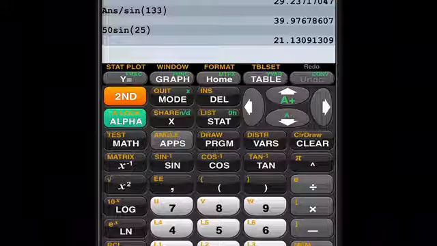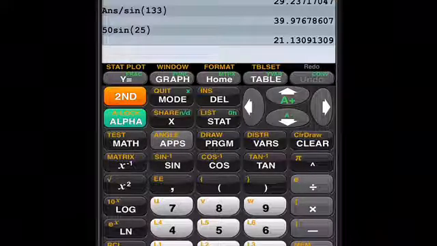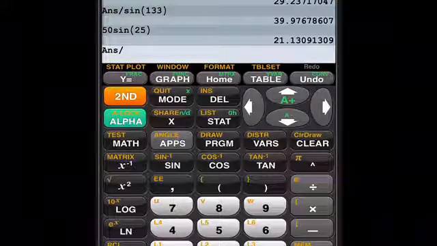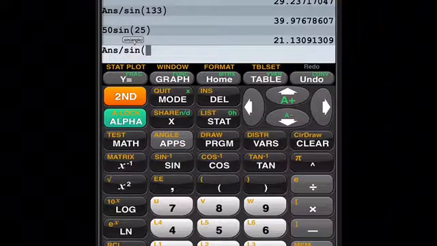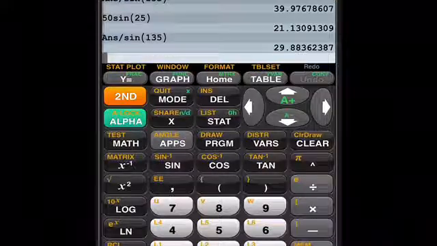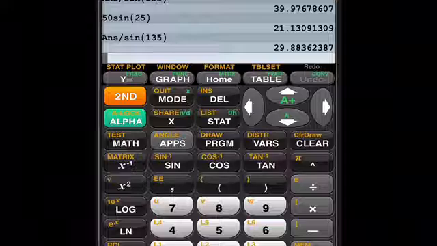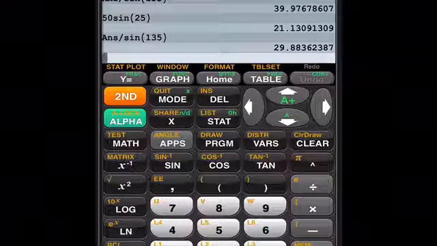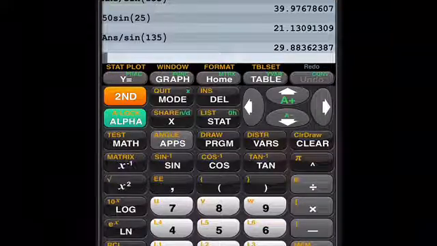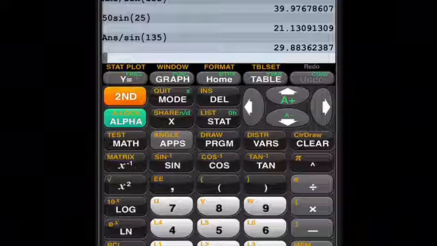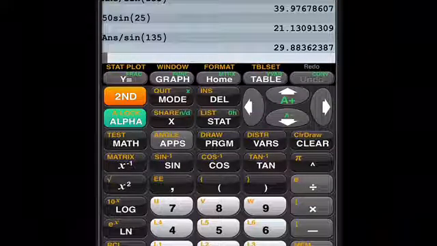So all I'm going to do is 50 sine of 25. It gives me this number here. I'll hit the division symbol, which will take the answer from the previous calculation, and then I can divide that by sine of 135. Hit enter. Now, all of your answers for law of sines and law of cosines will just be whole numbers for now. We will eventually get into where it won't be, but to make your life easier, we're going to round to the nearest whole number.